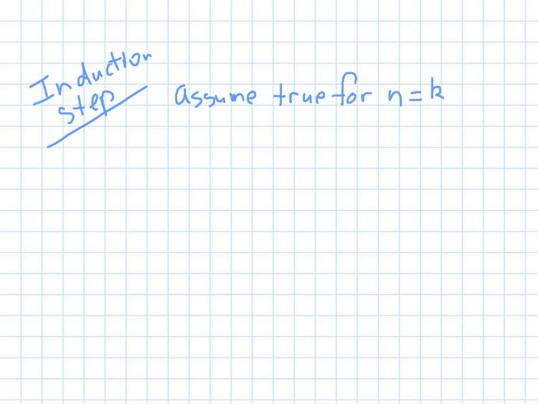So what we'll write is, assume that 1 plus 3 plus 5 plus 2 times k instead of n minus 1 equals, and then instead of n squared we'll say k squared. We have to assume this is true so that we can work on the second part.